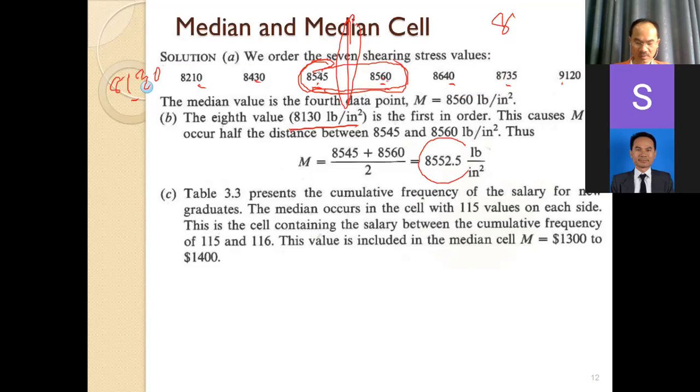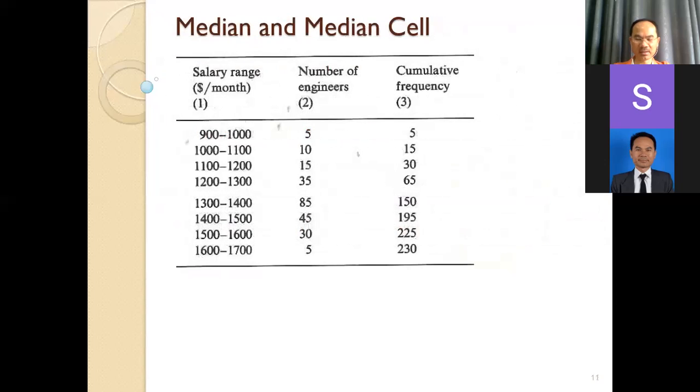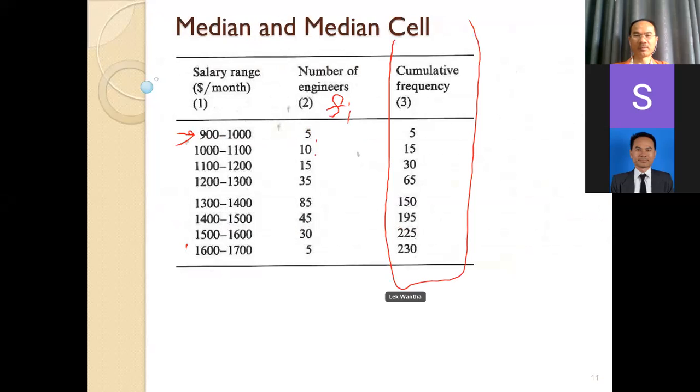Right, median value. For the next example, the frequency data, you order from the minimum to maximum. This is the number of engineers, which is the frequency data. Then for this technique, you have to calculate the third column, the cumulative. For 900 to 1,000, we have 5.